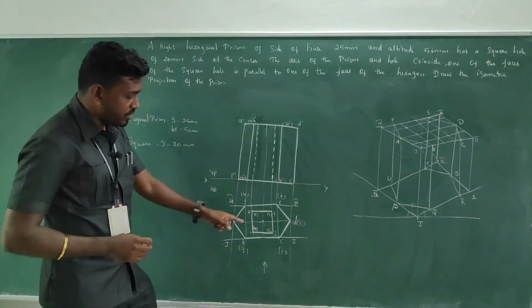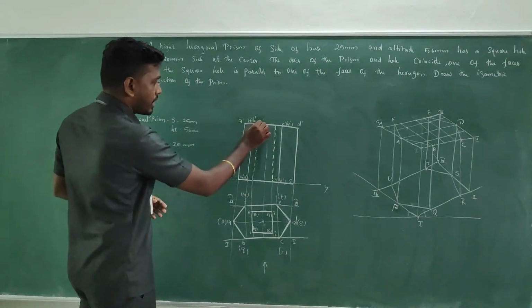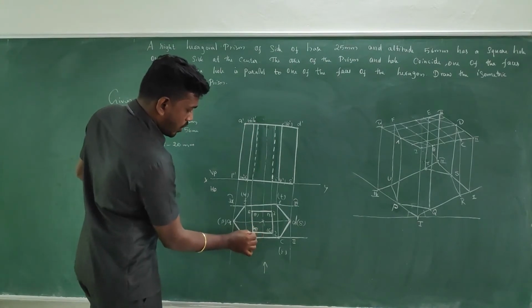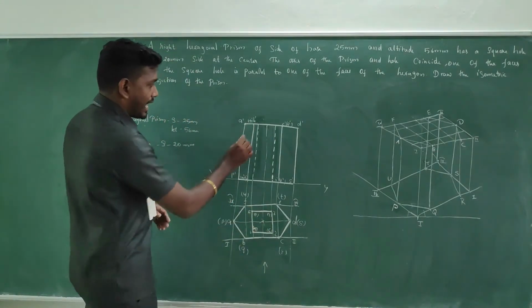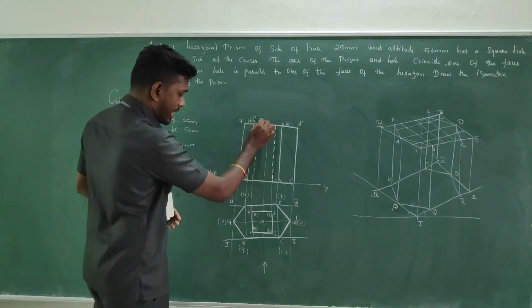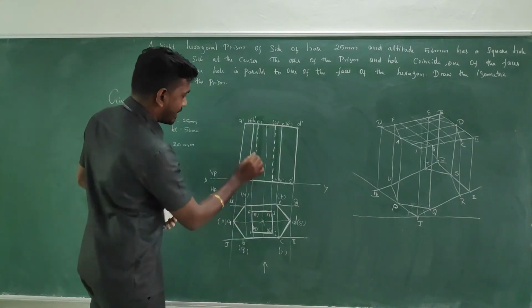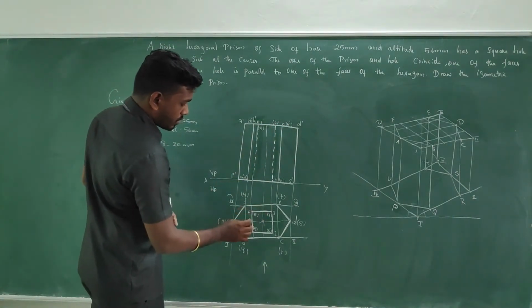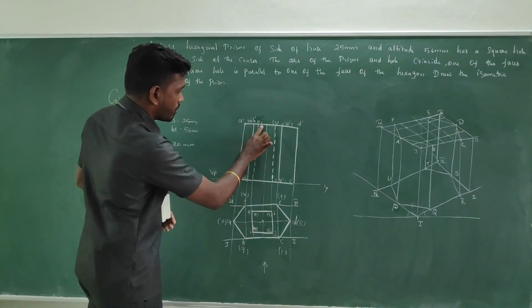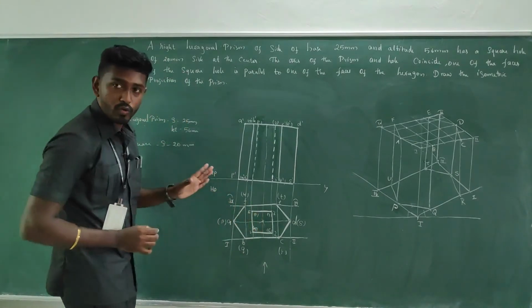As far as the front view is concerned, when you are looking from the front, here in the orthographic, I can say 1, 2 and 3 and 4 will be invisible.